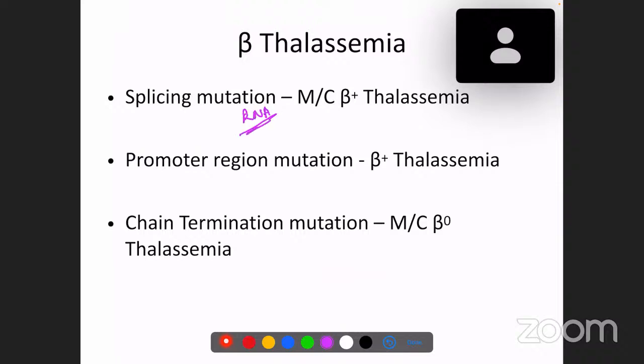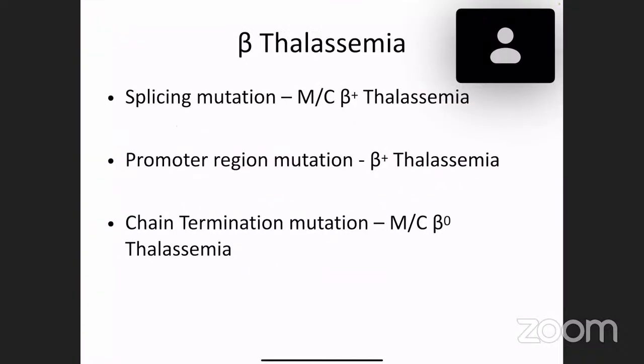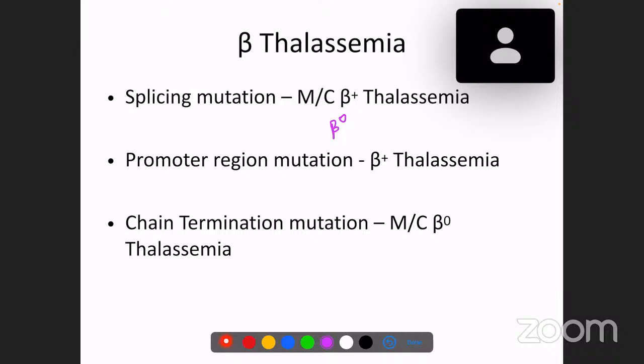If there is a mutation in the normal splicing areas, what will happen? Beta globin chains will not be produced. So beta globin is not synthesized, and the person can have beta 0 thalassemia if there is a mutation in the normal splicing site.